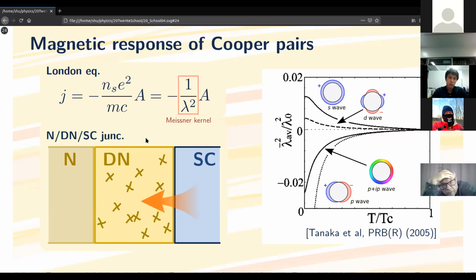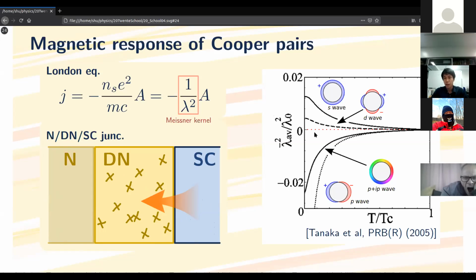And they considered the junction shown here. In this case, depending on the pairing symmetry of the superconductors, the odd-frequency or even-frequency Cooper pairs are induced. And this is the calculated Meissner kernel.